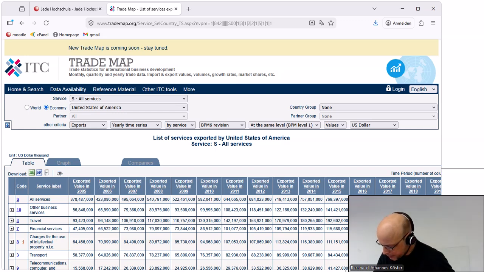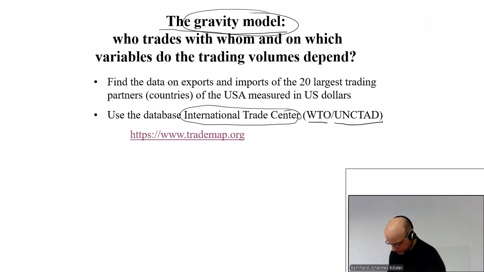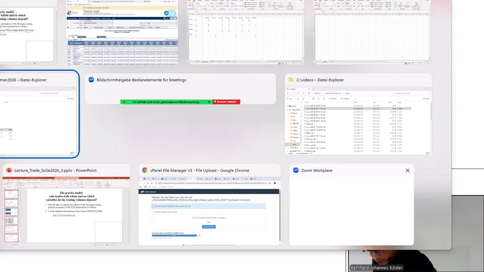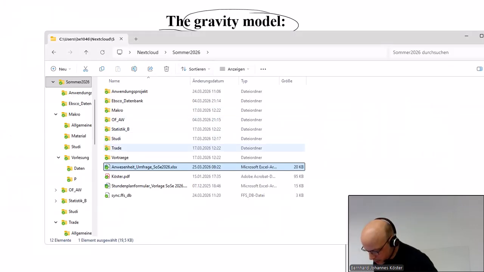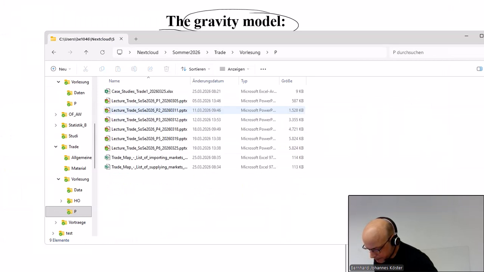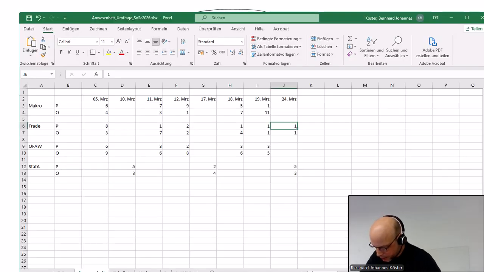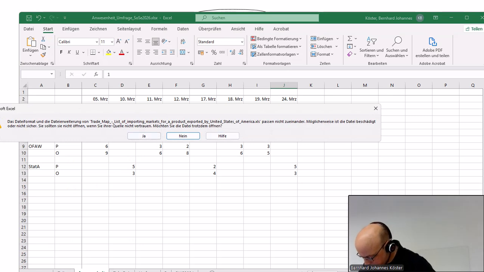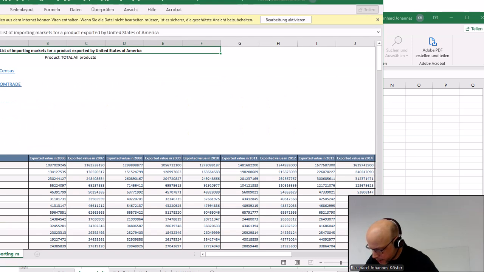Okay, so we have downloaded the data and let's go into the data. Imports. Well, since it is the old format, XLS, it is asking.